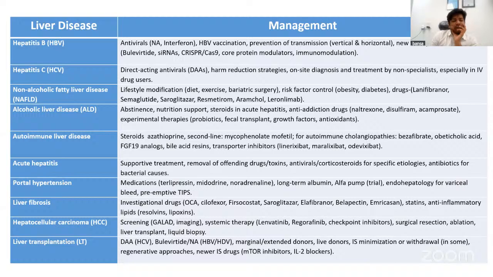Anti-addiction drugs, and for autoimmune liver disease, steroid and azathioprine. Acute hepatitis is treated based on the etiology. For portal hypertension, beta blockers and terlipressin. There is no such drug available for liver fibrosis. For HCC, many new drugs are available, and liver transplant.